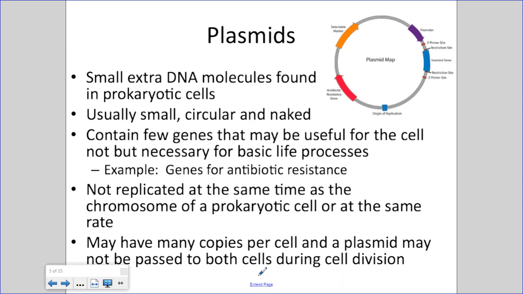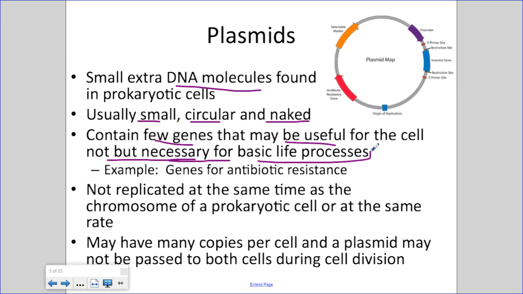Now, there can be additional DNA found within prokaryotes in the form of plasmids. Plasmids are small extra DNA molecules found within those prokaryotic cells. They're usually small, circular, and similar to the prokaryotic chromosome, they're naked, so they're not associated with any proteins. They contain very few genes, but they do contain genes that may be useful for the cell, but not necessary for basic life processes.